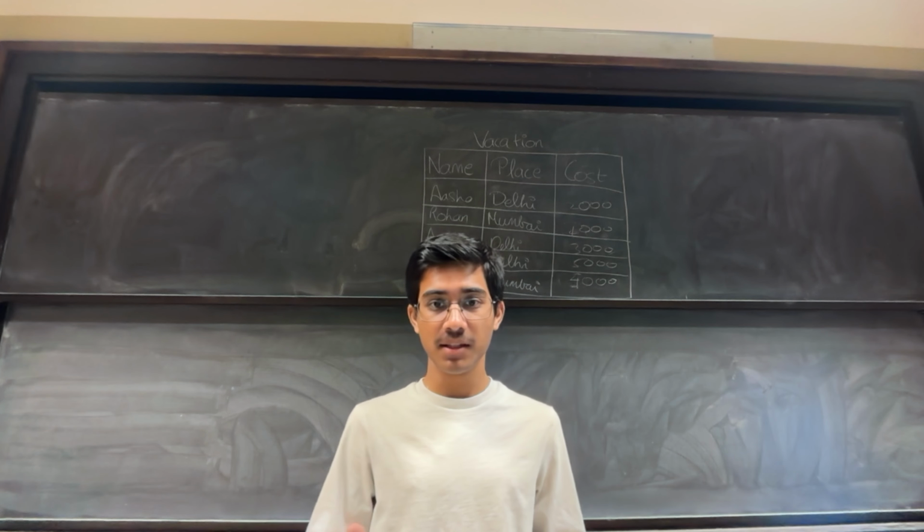So this is how the group by function works. But let's say now I want to see only those cities whose total cost is, let's say, below 7000. So in previous videos we used a clause called where, right?